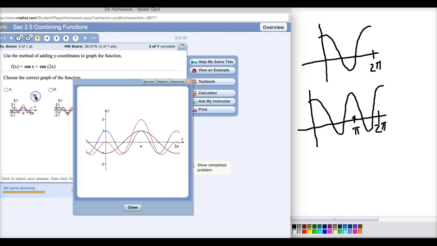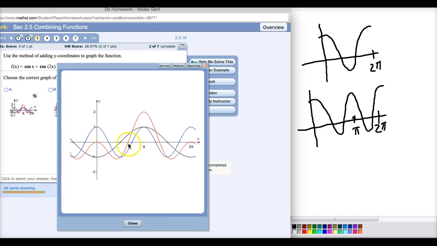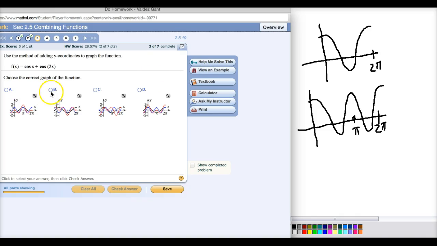If we look at A, the black graph first, it looks like cosine of x, but since it starts below the x-axis, that would be minus cosine of x. We know we need a positive cosine x, so that would not work. So A would not be our answer.